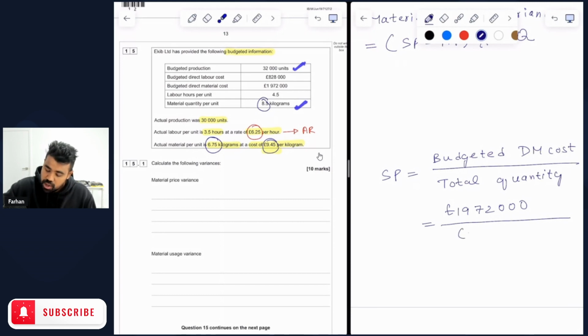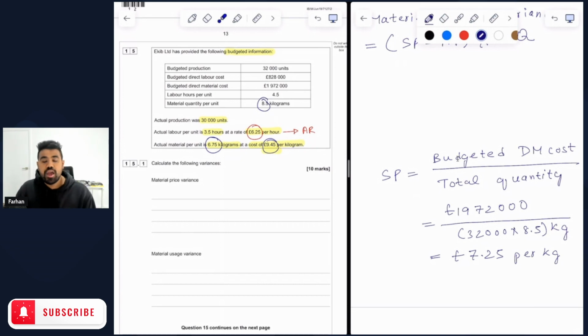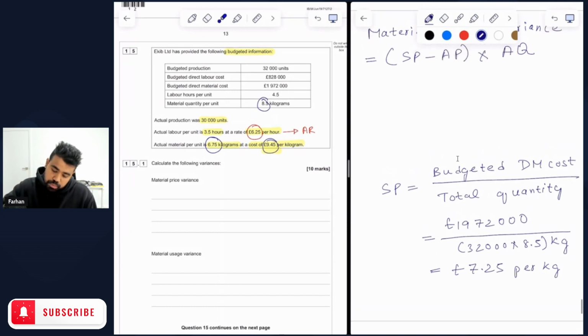So 32,000 times 8.5 kg. So once you do the calculation, you should get £7.25 per kilo of raw material. So the standard price that we had set aside was £7.25 per kilogram.